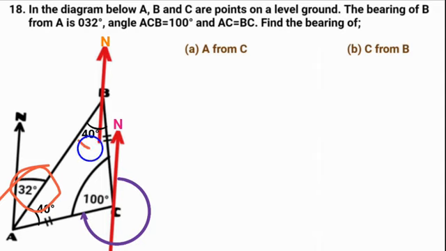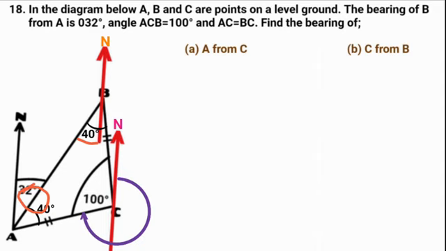Okay, so we're saying this 32-degree angle and this angle from line AB to that red line, they are equal. That means that angle is also 32 degrees.